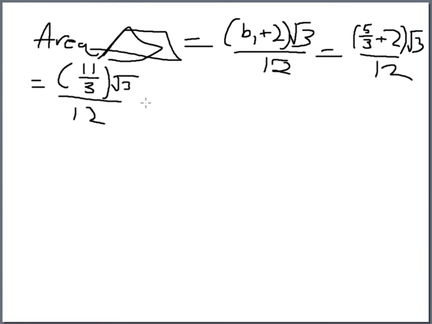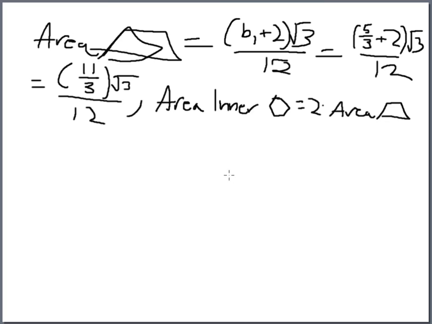And finally, the area of the inner hexagon is equal to 2 times the area of the trapezoid, shown before, which is equal to 11√3 over 18.